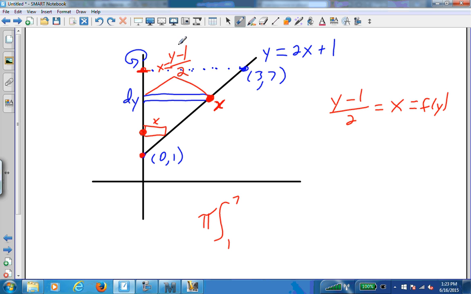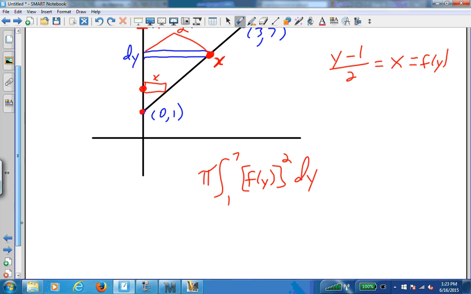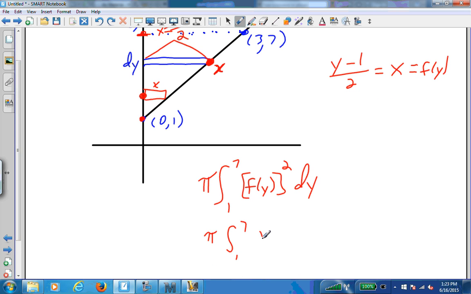So the x value here is given by y minus 1 over 2, or you could call that f of y. So that's our radius. So pi, our radius squared times the thickness, dy. In this case, it's pi times the integral from 1 to 7 of y minus 1 over 2, all squared, dy.